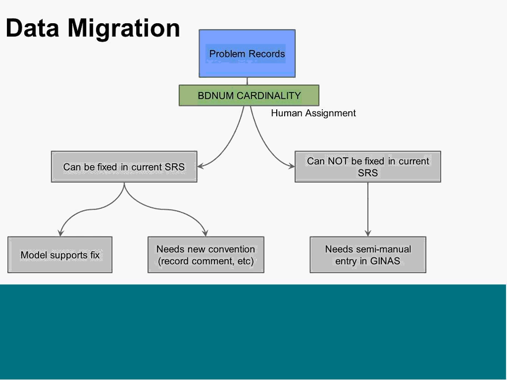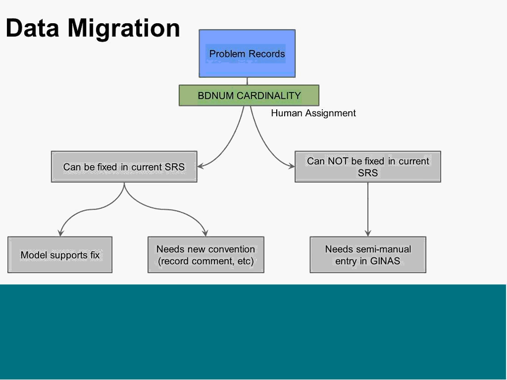The issue that comes up here for the FDA is in some BDNUM cardinality. So I just want to mention what BDNUMs are. BDNUMs are the oldest numerical records that the FDA has. They've never been public. They're just IDs that are used internally.